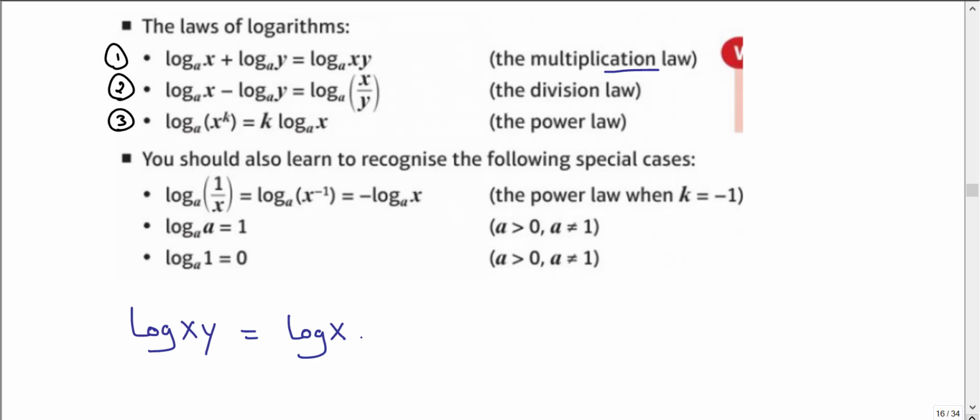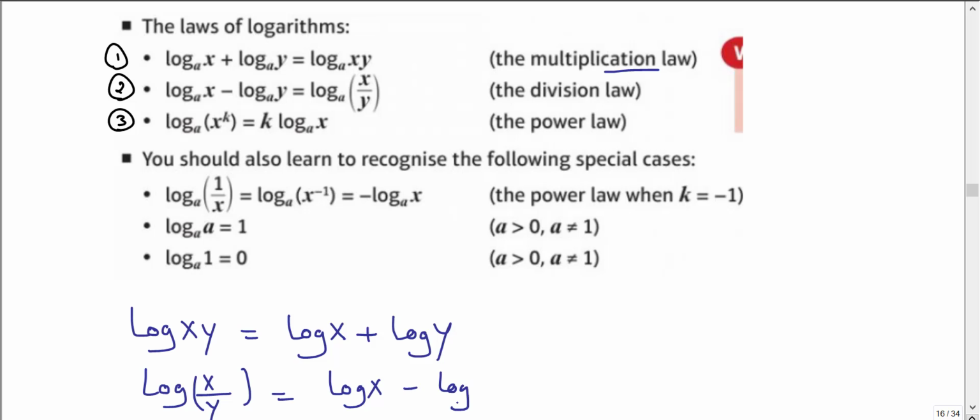Make it log x plus log y. That's rule number 1. If you have a division, log of x divided by y, you change it to subtraction: log x minus log y.